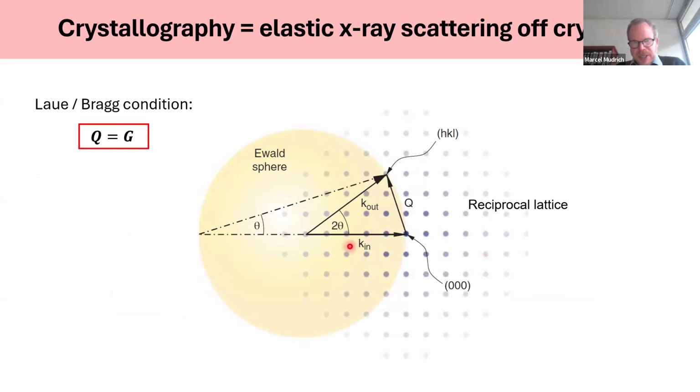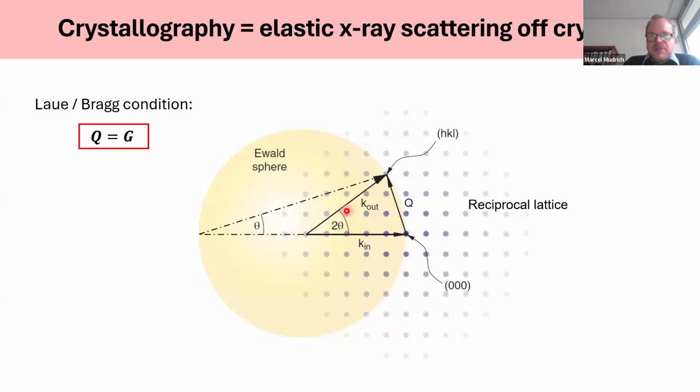Then we can draw our incoming wave vector k in and the scattered wave vector k out. We can shift k in around such that the arrow points exactly onto one site in the reciprocal lattice.